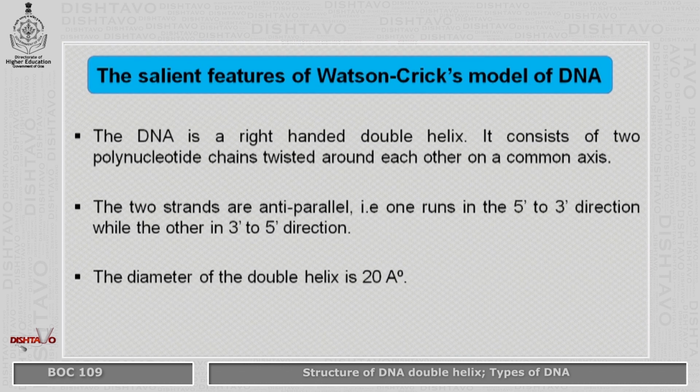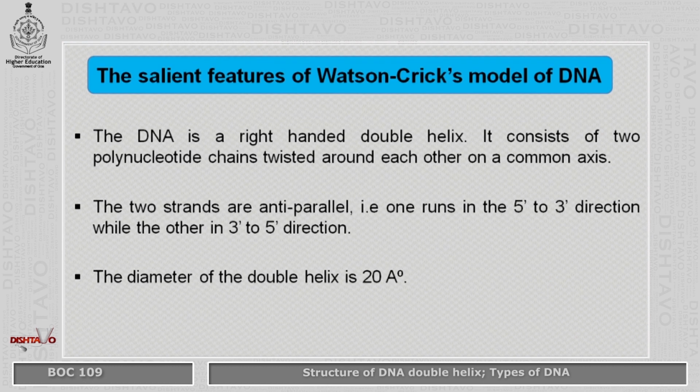Now we will learn the salient features of Watson and Crick's model of DNA. The DNA is a right-handed double helix, and it consists of two polynucleotide chains twisted around each other on a common axis. As seen in the image in the previous slide, the two strands are antiparallel, that is, one strand will run in the 5' to 3' direction and the other in the 3' to 5' direction.